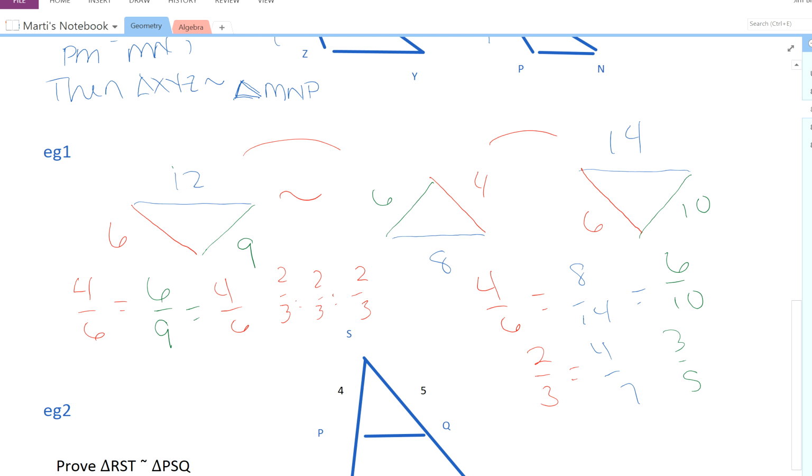So these two triangles are not similar. What about the first and the last? Looking at the first and the last triangles, 9 over 10, is that equal to 6 over 6? It doesn't look like it. So honestly, guys, out of these three triangles, the only ones that are similar are the first two.